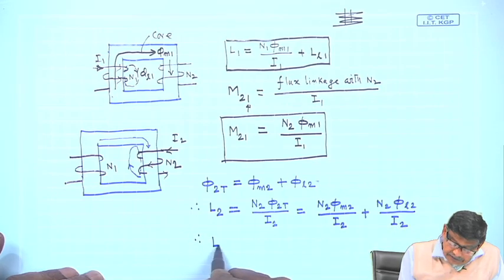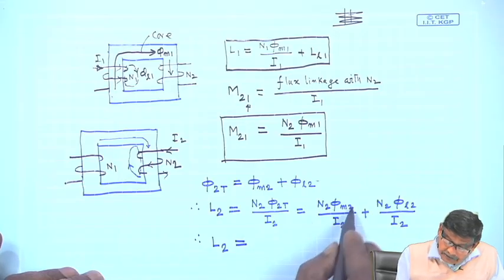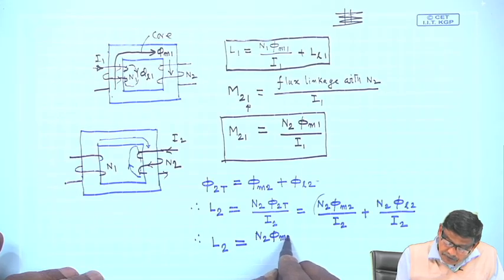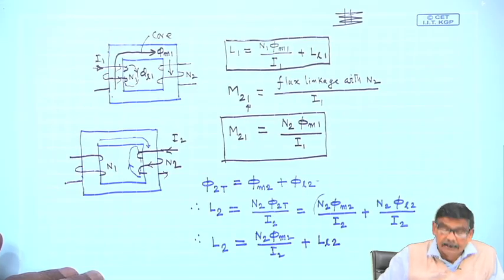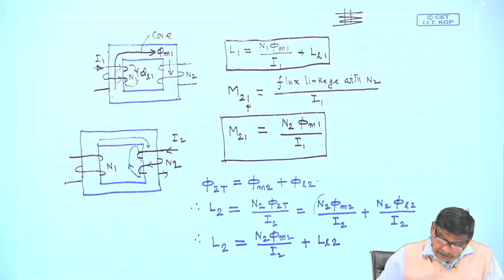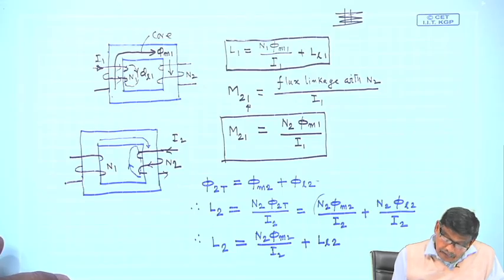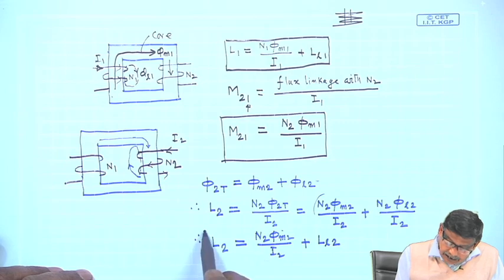So, the self inductance of the second coil will be this term, N 2 phi m 2 by I 2, plus this term, which I will call the leakage inductance of the second coil, L L 2. This is how these things come. So, L 2 is this one.